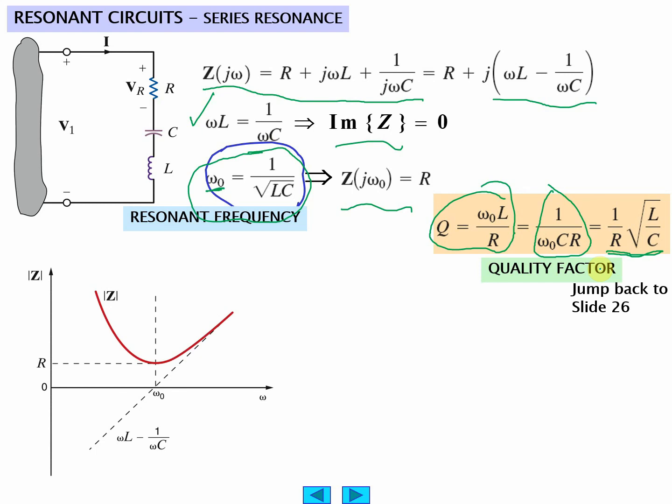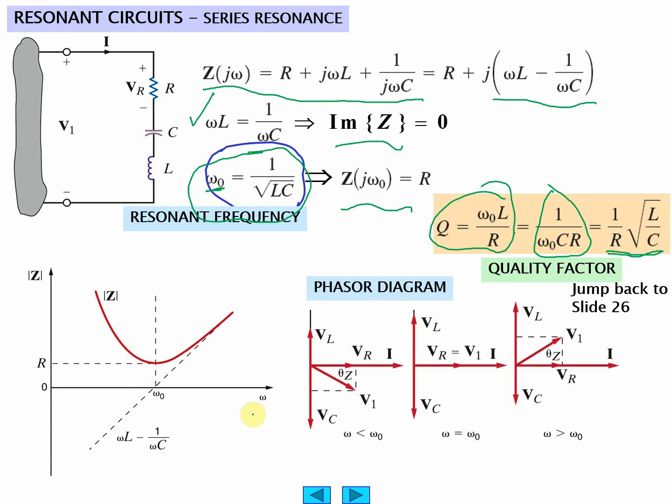So the impedance reaches a minimum with this series circuit. If you plot impedance versus frequency, this is what you get. It starts out capacitive. Capacitive is the largest impedance for low frequencies. Inductive is the largest impedance for high frequencies.